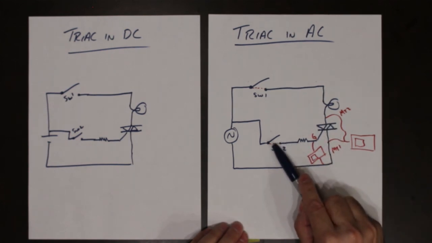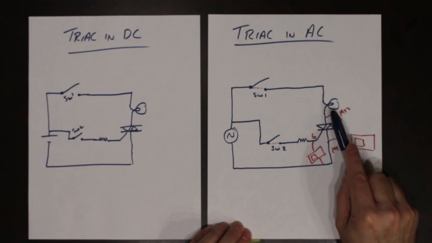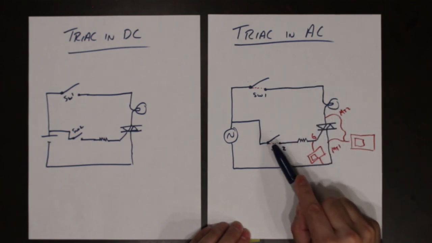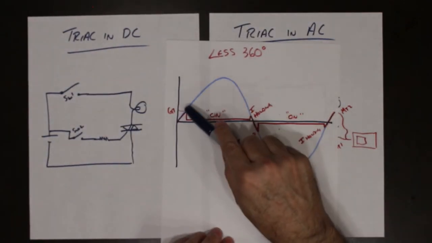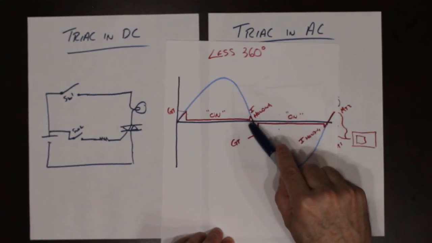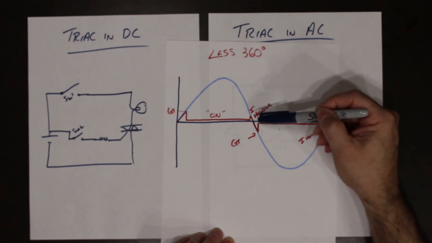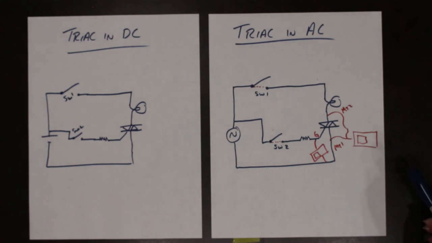If I close the gate switch again, we will start conducting and the light bulb will come on. When I open up this switch, when the waveform naturally crosses 0 the next time, the device will shut down and the light bulb turns off.